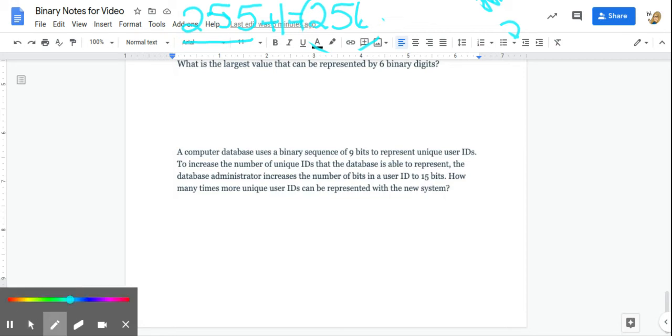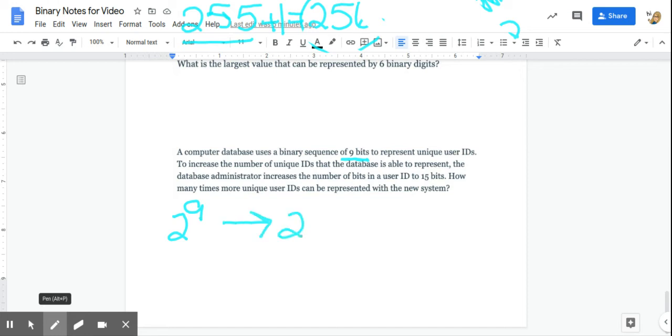So we're thinking of binary numbers here. With 9 bits, I could represent 2 to the 9th unique numbers, like the previous question. When I go up to 15 bits, that's 2 to the 15th. I don't necessarily even need to know what 2 to the 15th is on this problem. We're just saying how many times more.